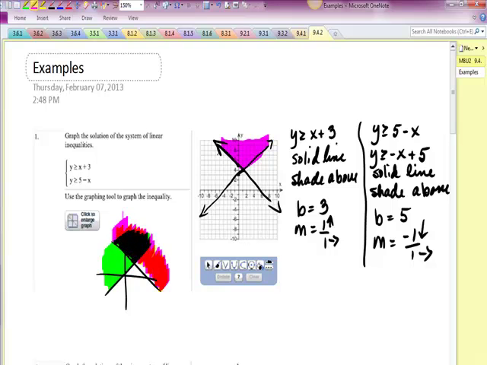All right, not perfect, but I think you can see that the overlap was this region right here. You simply have to determine that. The only part of the graph that was above the first line and above the second line was here. So you would have clicked the bucket and then clicked there. If you want to, sketch it on your own paper so that you know exactly which region to click for the bucket.